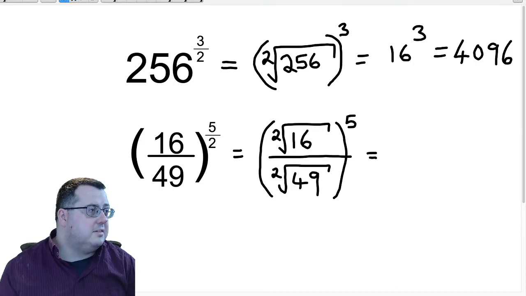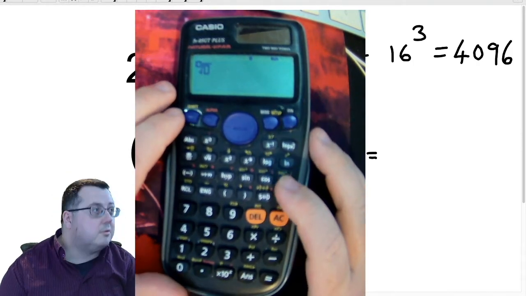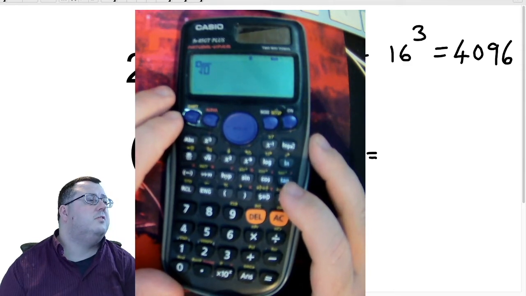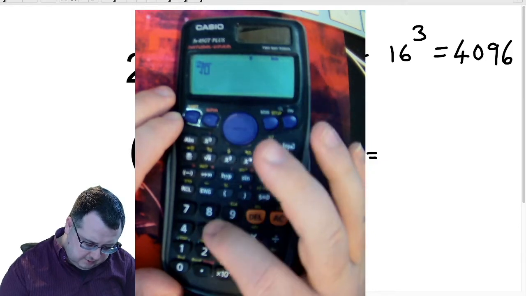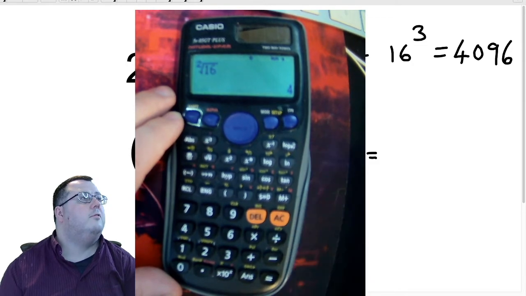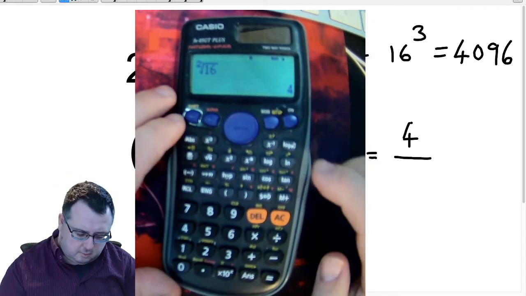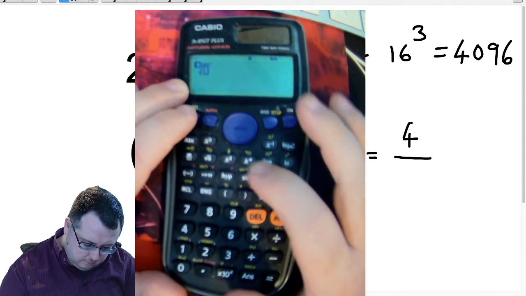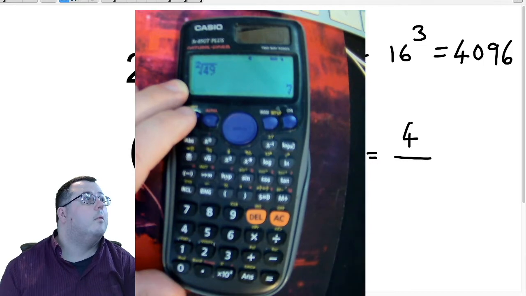Back to the calculator. Square root, so shift, and we want the square root of 16, which gives me 4. And then this will be over the square root of 49, which gives me 7.